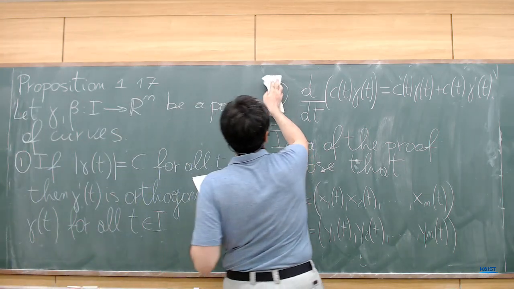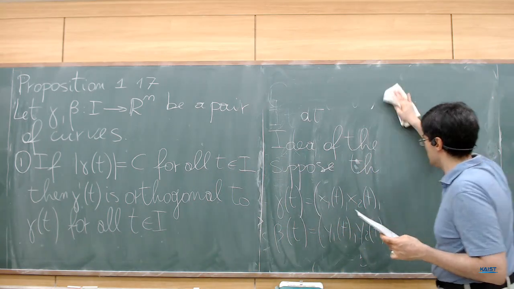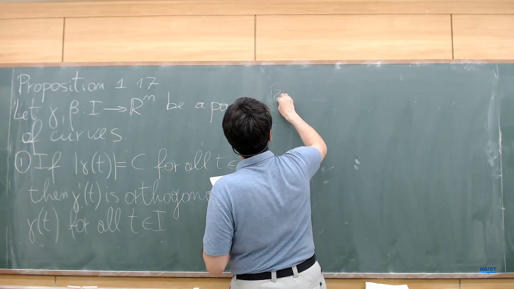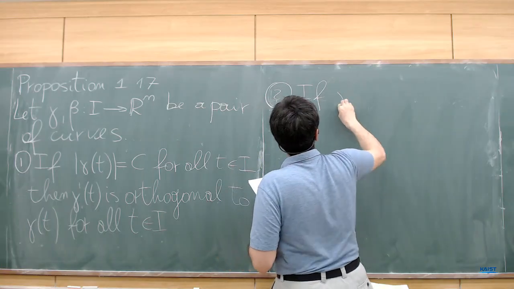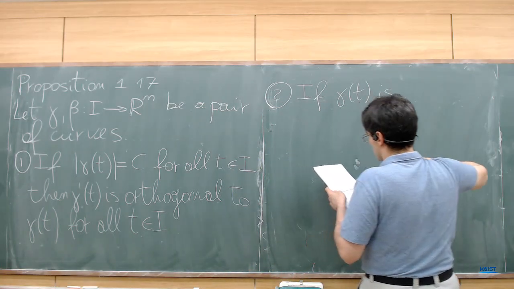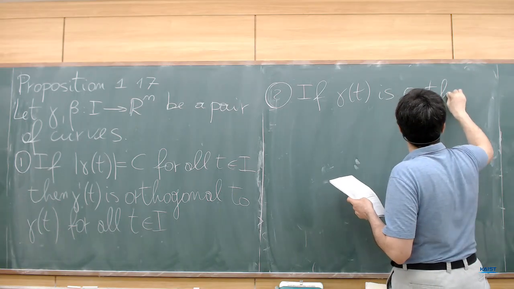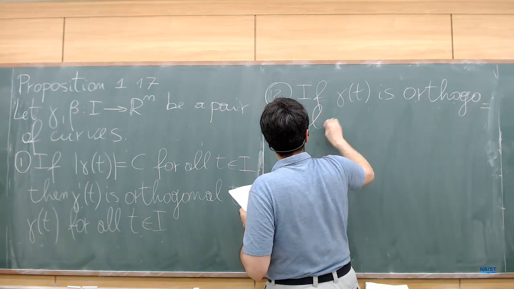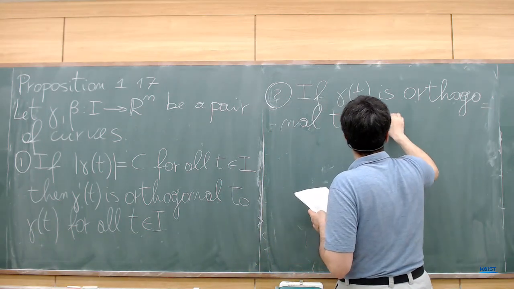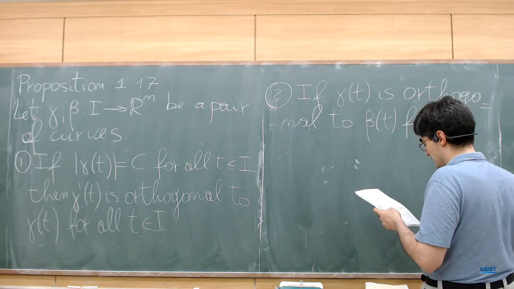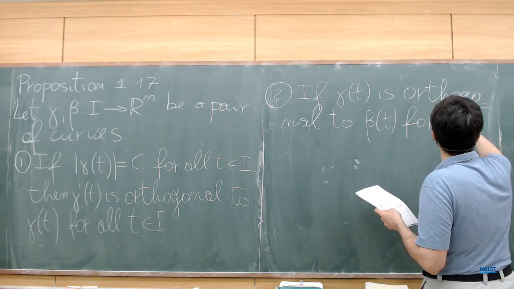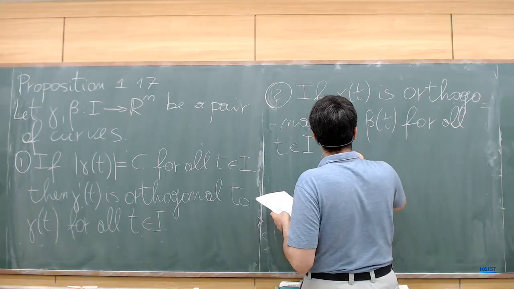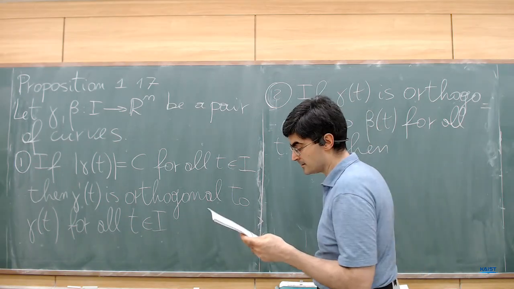And the second one, if gamma t is orthogonal to beta t for all t in I, then we have the following identity.